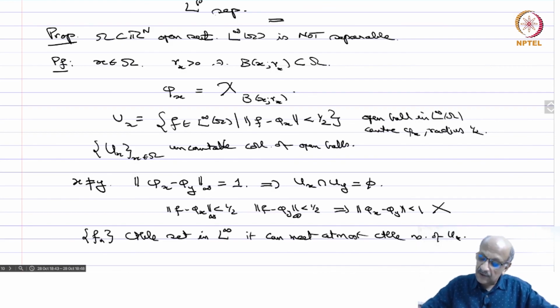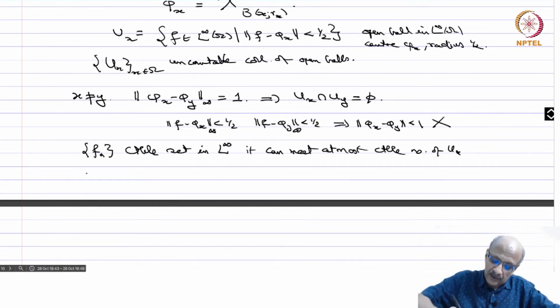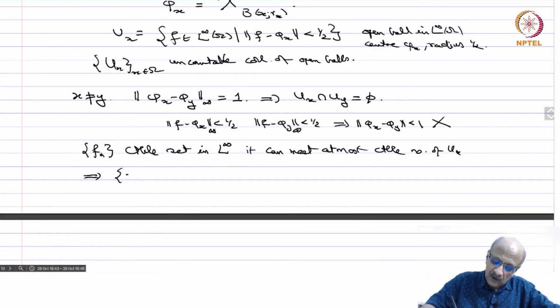Okay, so each f_n will belong to one U_x. So if you take all the U_x's which contain these f_n's, they will be countable in number. Okay, and therefore there will be several sets which do not meet F_n. So this implies F_n is not dense, because several U_x's, that's an uncountable collection, will be left out.